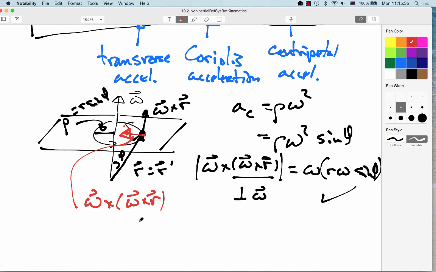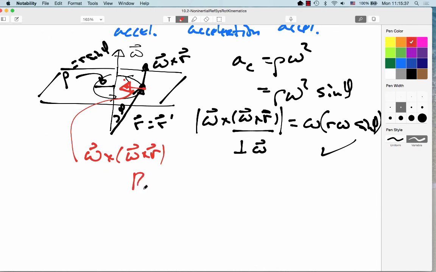So yeah, the right hand rule stuff for the cross products also checks, and you should convince yourself of that as well. Okay, in the next video we will tackle the dynamics of a particle in a rotating coordinate system.